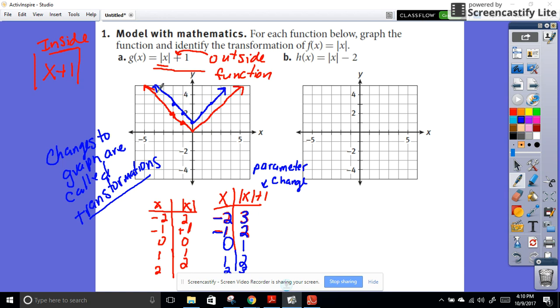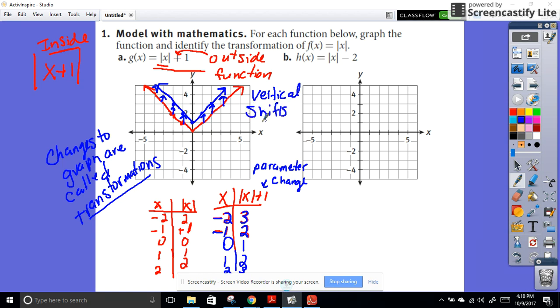is a graph that is just a vertical translation of every single point that was on the parent function, just translated up 1. What do outside parameter changes cause? Outside parameter changes cause vertical shifts.